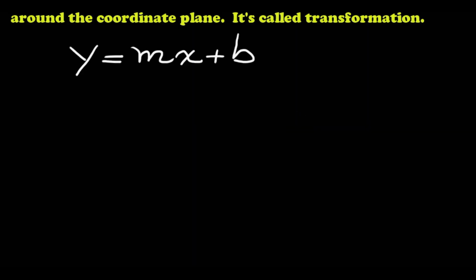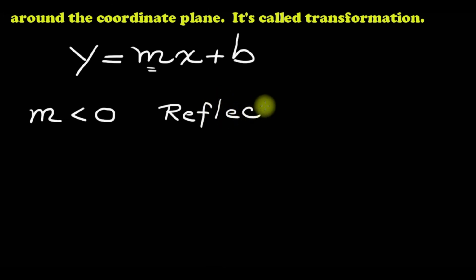So now let's talk about the slope. The m is the slope, so this is the slope of a line. If the slope is less than 0, which is a negative number, you have a reflection across the x-axis.